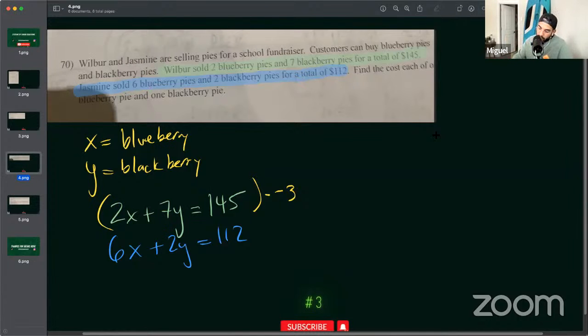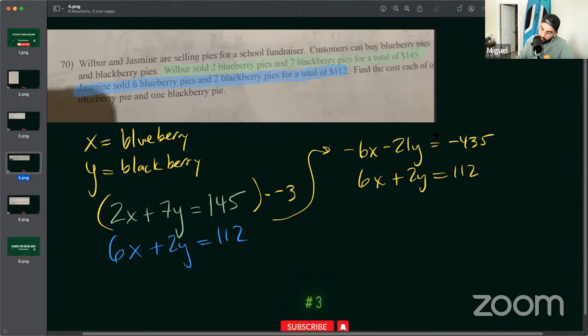So what would that become? I have -6x plus -21y is equal to, I have to do some math here, -435. And now the second equation, nothing changes: 6x plus 2y is equal to 112.